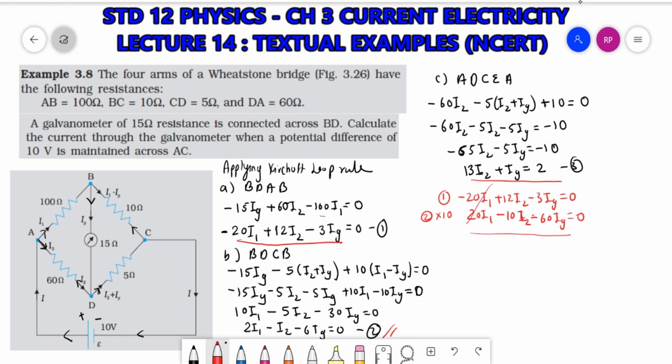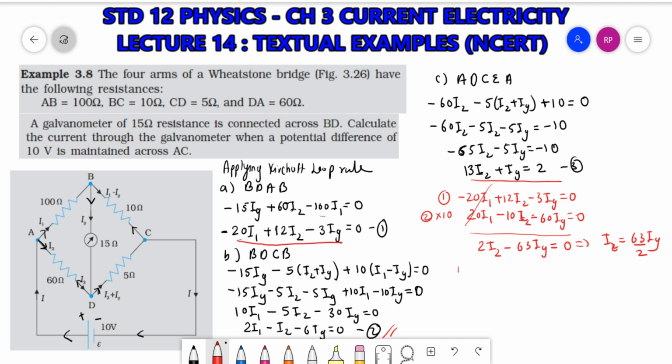So this will get cancelled. 12 minus 10, that is 2 I2, minus 63 IG, that is equal to 0. Clear? So this implies that 2 I2 equals 63 IG, or I2 is equal to 63 by 2 IG.